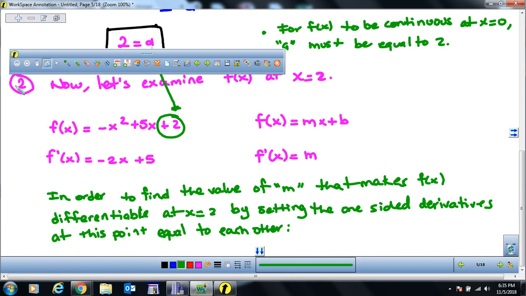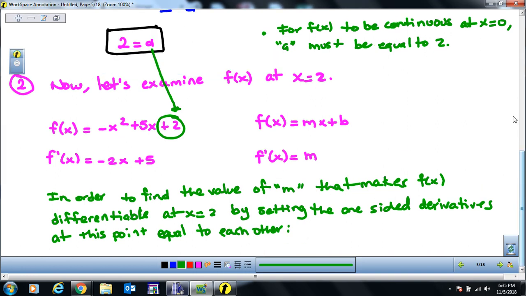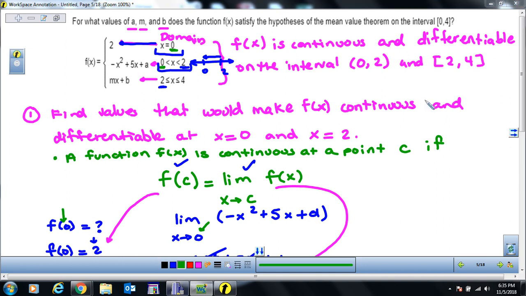Okay, why are you going to equal them to each other? Because if you're finding the limit or the derivative of this function, the one in the middle, as x is approaching 2, so let's say this is 0 and this is 2, because the interval is between 0 and 2, right?